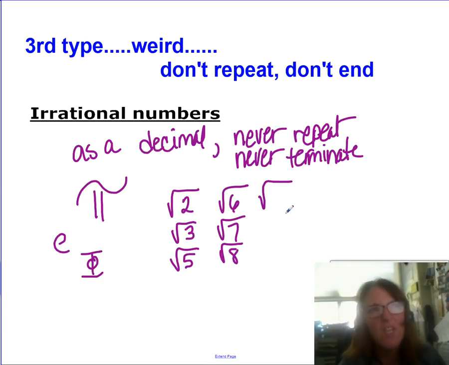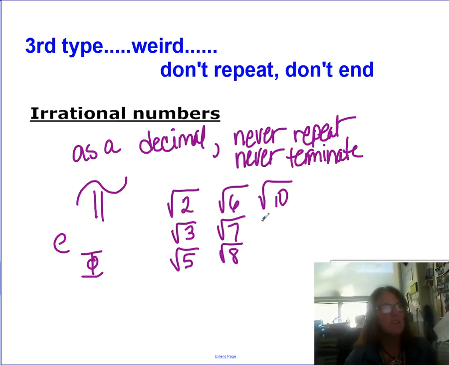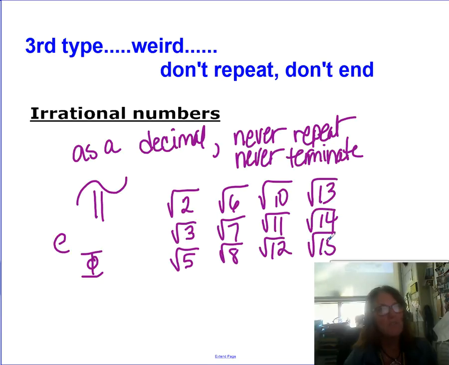Square root of 9 is 3. 10, 11, 12, 13, 14, 15, not 16. 16 is a perfect square. Square root of 16 is 4. And so on. Do you see what's happening?